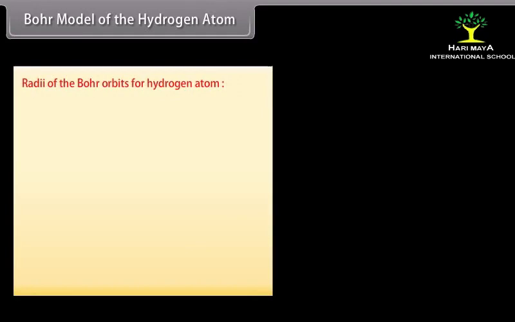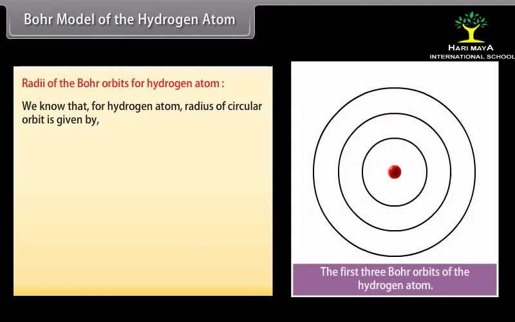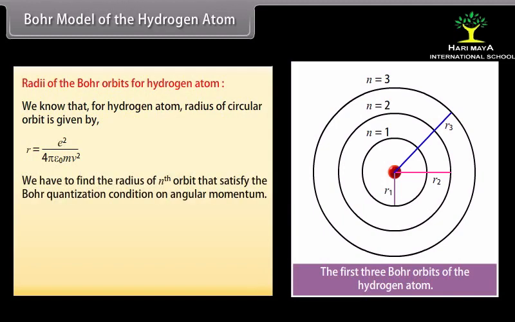Radii of the Bohr orbits of the hydrogen atom. We know that for the hydrogen atom, the radius of the circular orbit is given by e square upon 4 pi epsilon naught m v square. We have to find the radius of the nth orbit that satisfies the Bohr quantization condition on angular momentum.